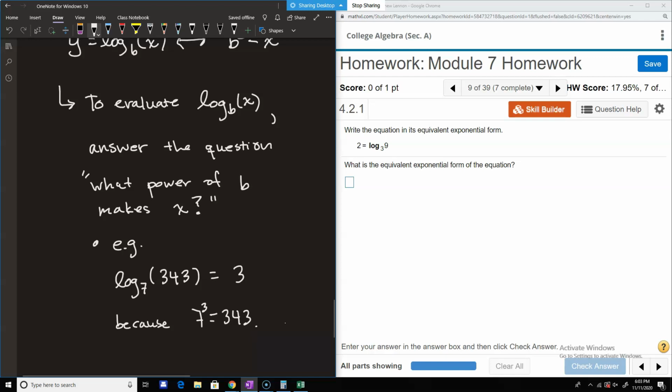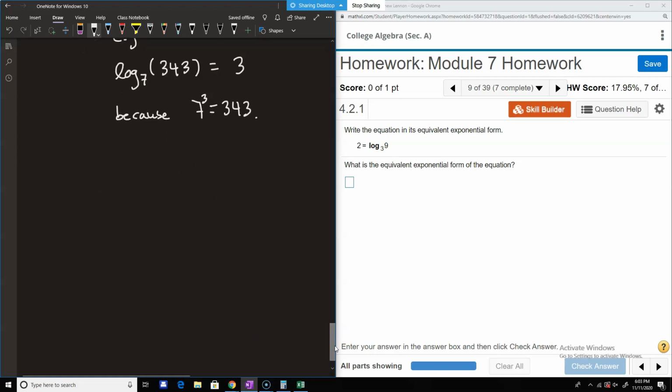Okay, so for this first example here for number 9, again, I'm just going to write down that definition we had. y equals the log base b of x. The way to rewrite that to the exponential equation is you do b to the y equals x. So a lot of times when you have this, you're really just matching up the things.